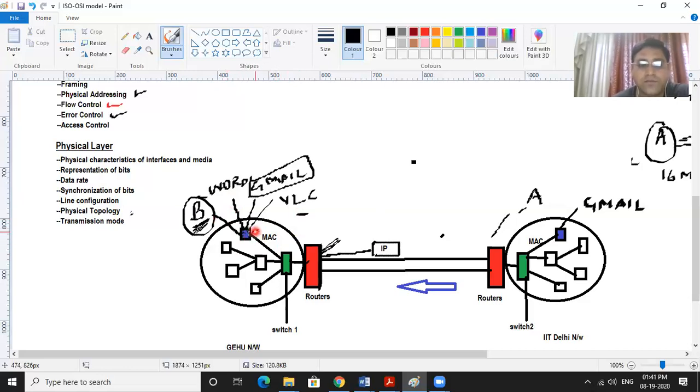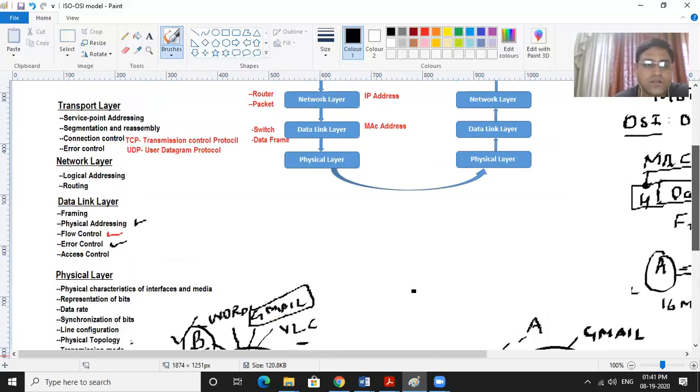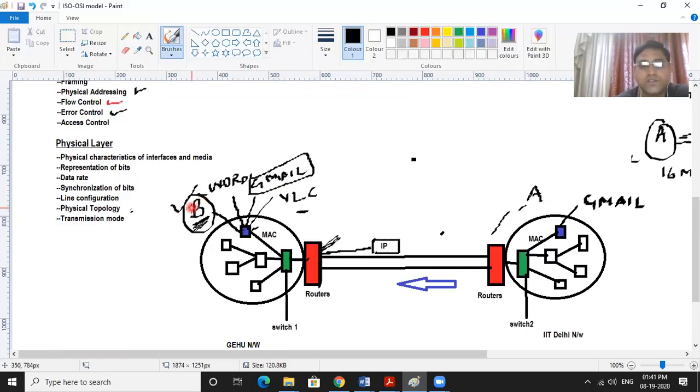Finally, A has to meet person B. Now this is our port addressing, service point addressing, to finally find to which application, to which person, that person A wants to meet.